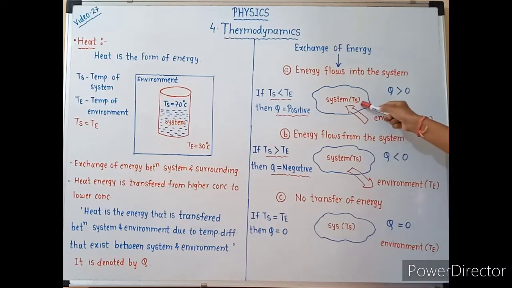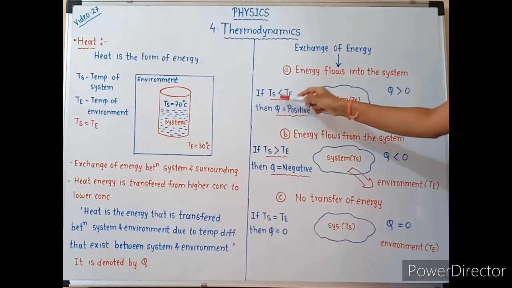Now consider Ts is the temperature of the system, Te is the temperature of the environment, and Q is the energy transferred between system and the environment. Consider temperature of the system is 20 degrees Celsius and temperature of the environment is 80 degrees Celsius. So heat energy is transferred from environment to the system, and the system gains the energy.